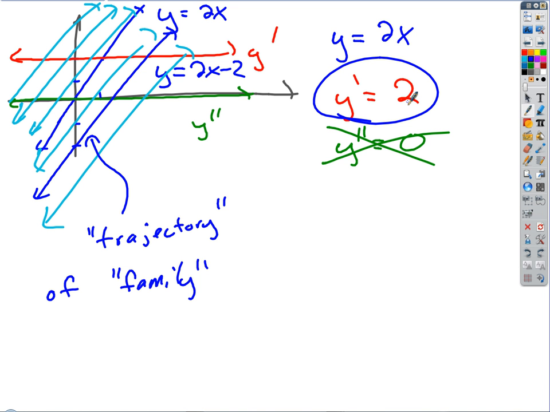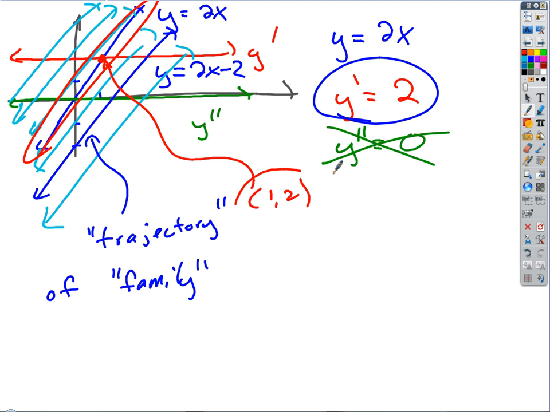Okay, so where is that going to be? Well, x equals 1, y equals 2 is right there, right? So if I'm going to specify that point right there, then this is the line that we're specifying, right? Now if I add this additional caveat, we don't have an infinite family.